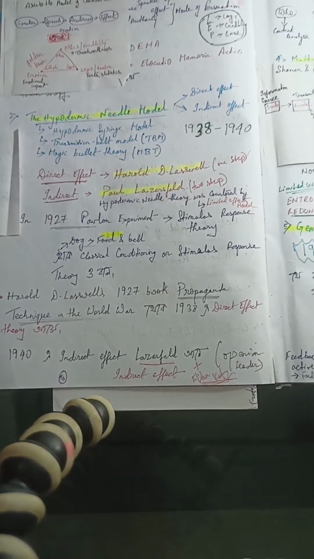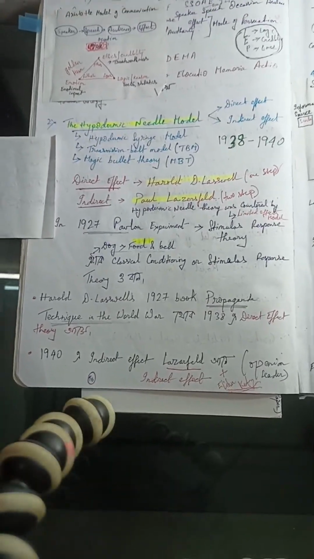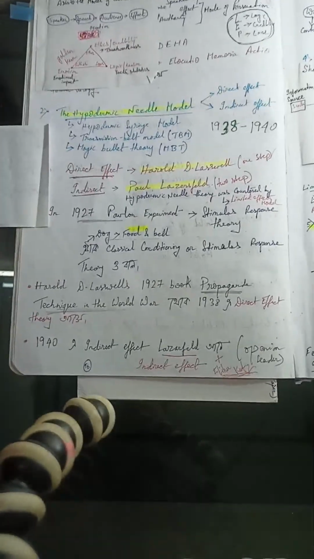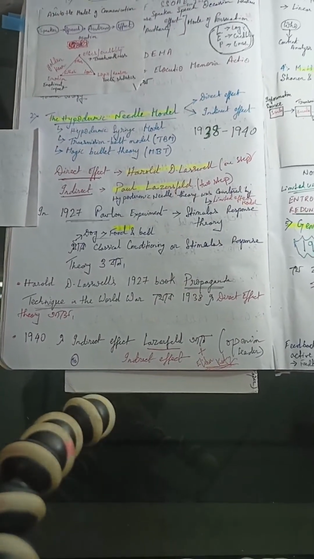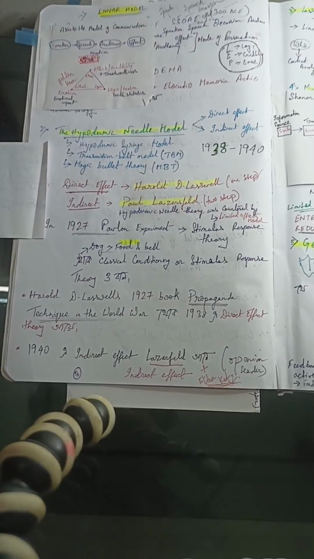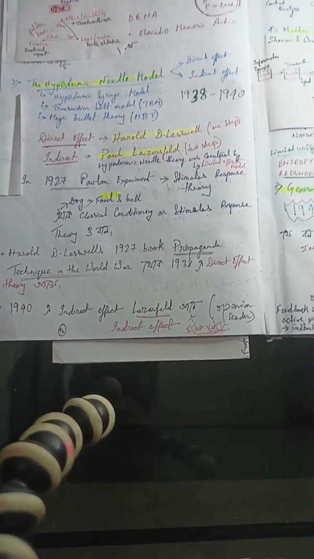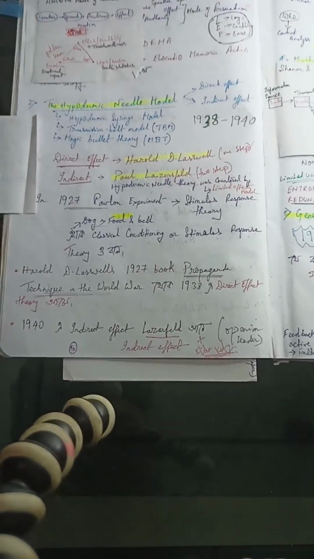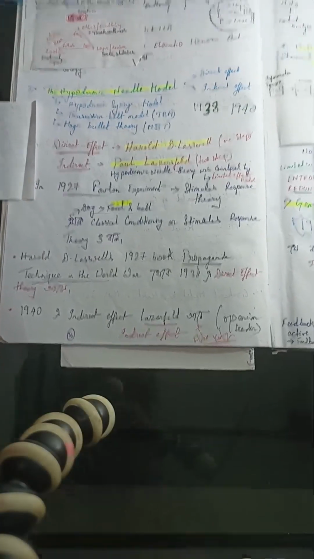The effect on the audience takes place in this particular portion. Harold D. Lasswell stated the one-step flow theory, whereas Paul Lazarsfeld stated the two-step flow theory. The hypodermic needle theory was countered by the limited effect theory. In 1927, Pavlov's experiment on the stimulus response theory, where the dog is fed food and the bell, was implemented.